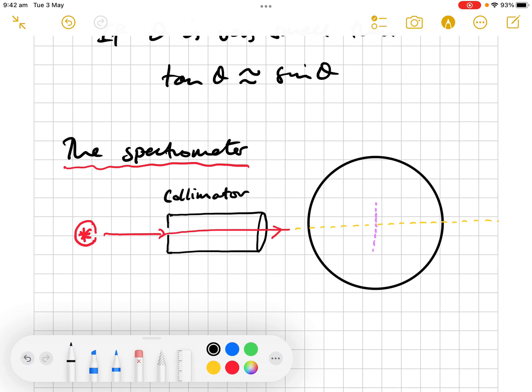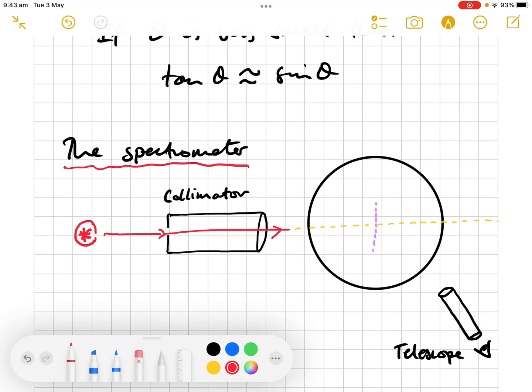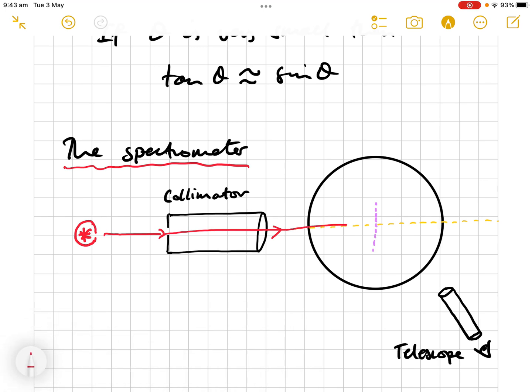And in order to view the fringes, you have a small telescope so that the observer's eye is in there, and the beam would proceed, and depending on which order you were looking at, you would see the maximum fringes.